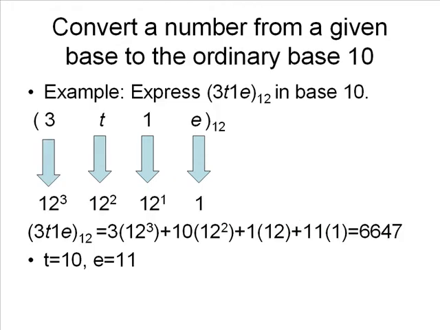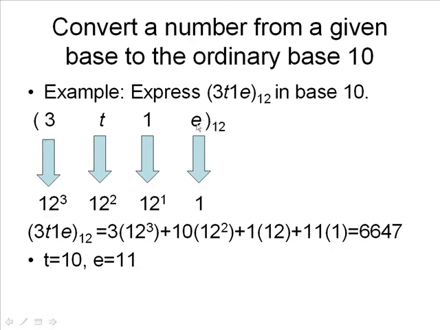Second example. This number is expressed in base 12, and we want to convert it to base 10. Because this is in base 12, from right to left, each digit represents 1, 12, 12 squared, and 12 cubed.